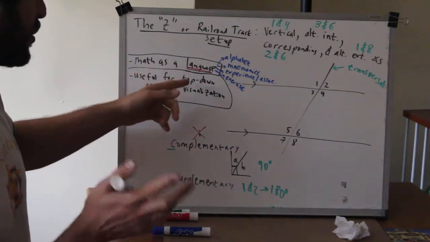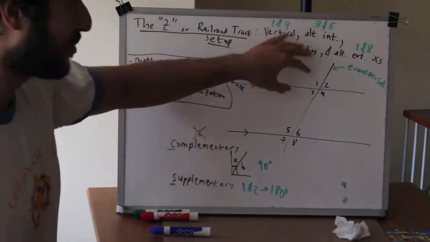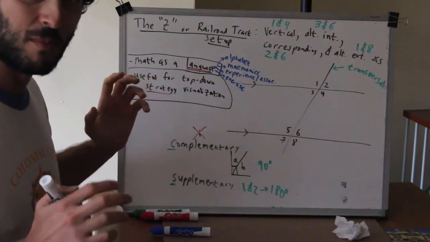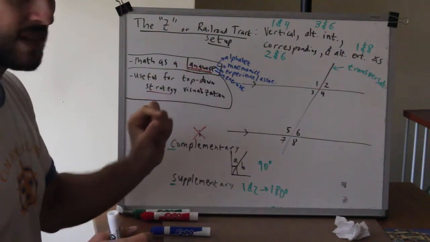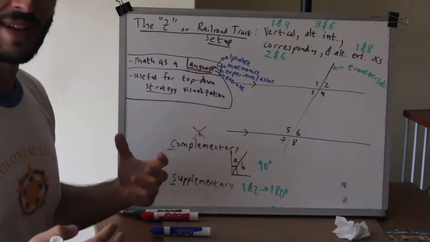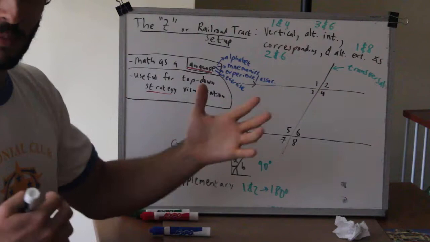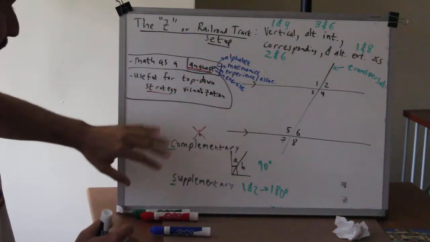For bottom-up, but particularly for top-down strategies, if you're very comfortable with all these terms, it'll help you visualize strategies when we move on to more complicated problems. So these are like the one step. If you play chess or some other game, if you can't do a 1-move combination, you can't do a 10-move combination. So these are like your 1-move combinations. All right, so that's all I'll say for that.